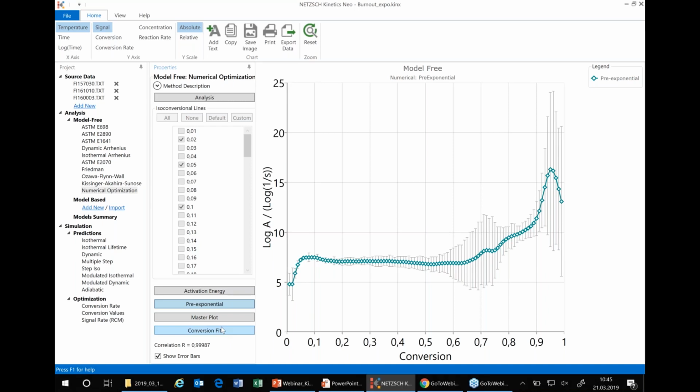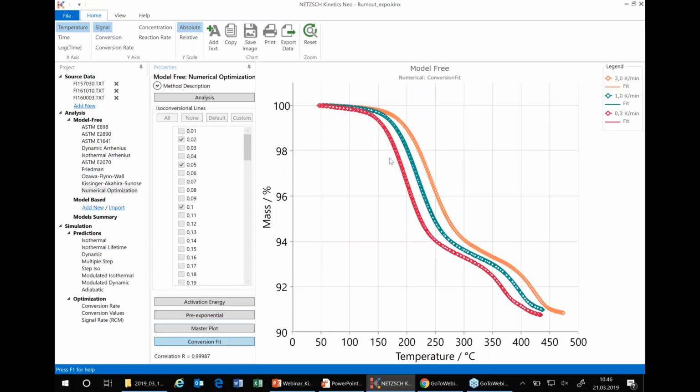Now we can use this information for simulation. We can use this kinetic information to get a simulation for 3K per minute, for 1K per minute, and for 0.3K per minute, the same heating rates which were used during our experiment. Let's see what happens. Here we have 3 curves.